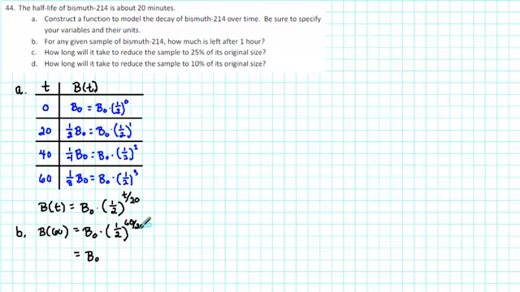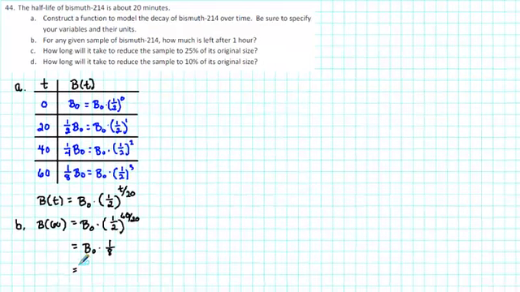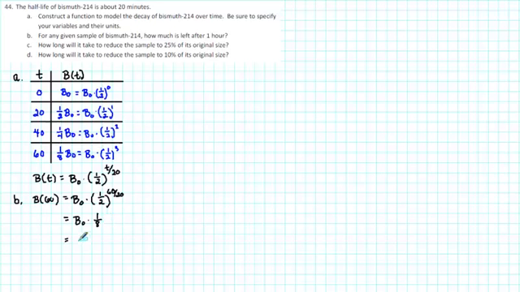One half to the 60 divided by 20 is 1/2 to the third power, which is 1/8. 1/8 as a decimal is 0.125. So our answer is that we'll have 12.5% of the original amount after 1 hour.